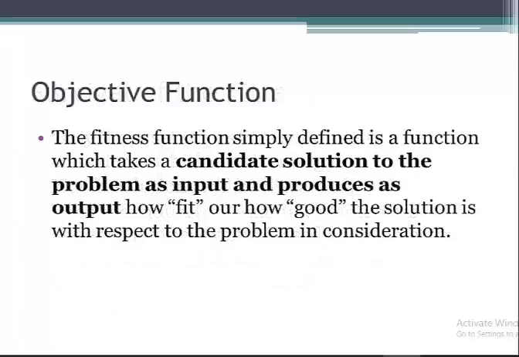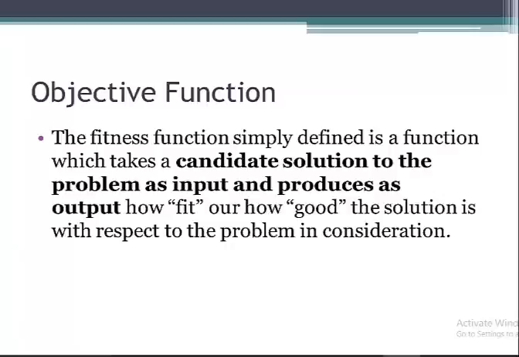Okay, now what is an objective function? The fitness function is the second name of objective function. The fitness function, simply defined, is a function which takes a candidate solution to the problem as input and produces as output how fit or how good the solution is with respect to the problem in consideration.